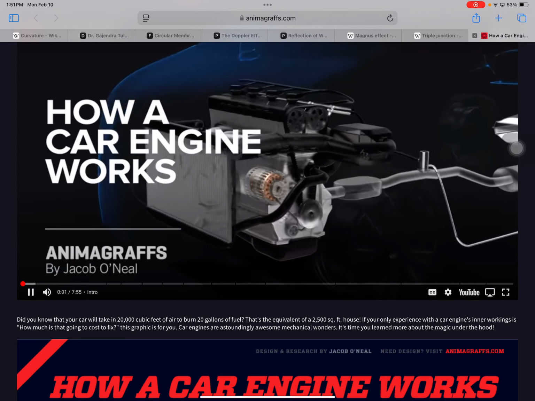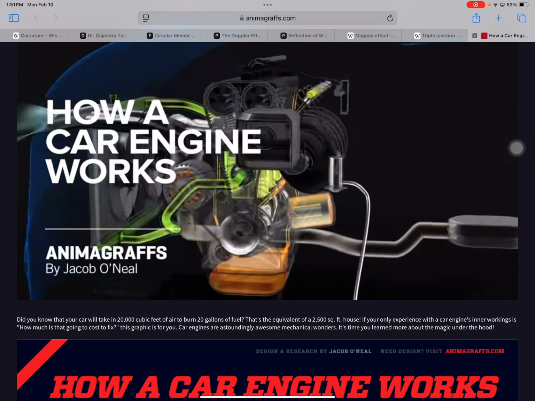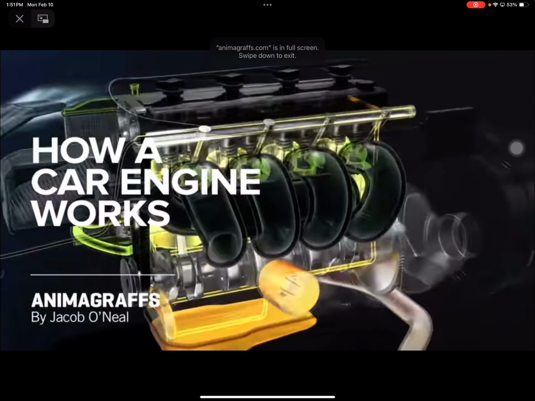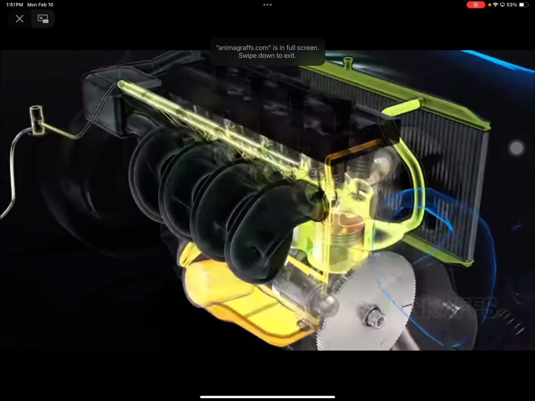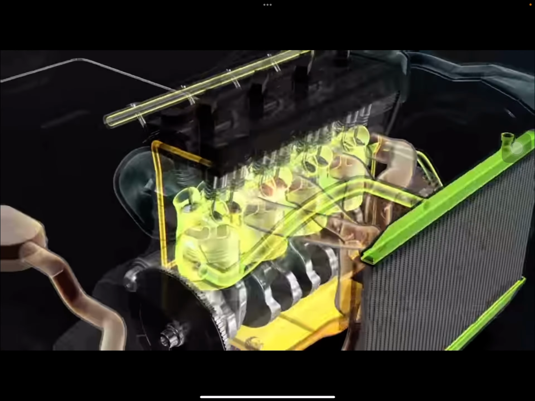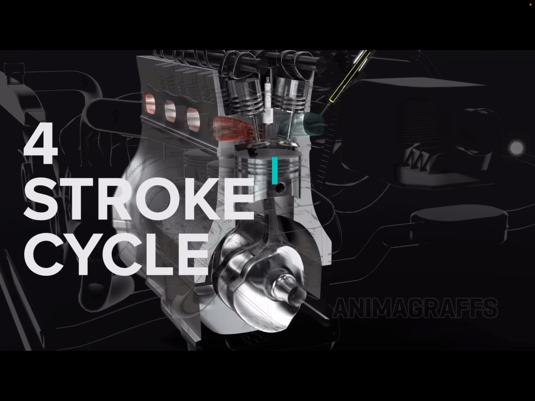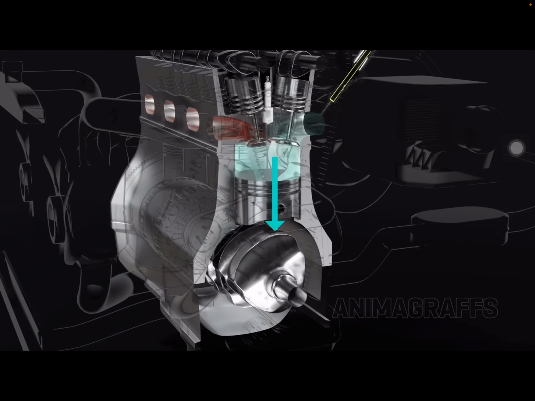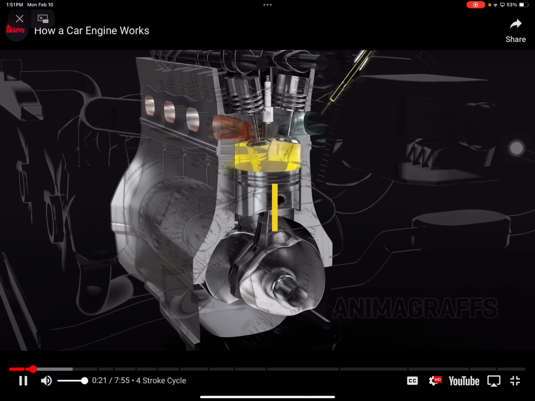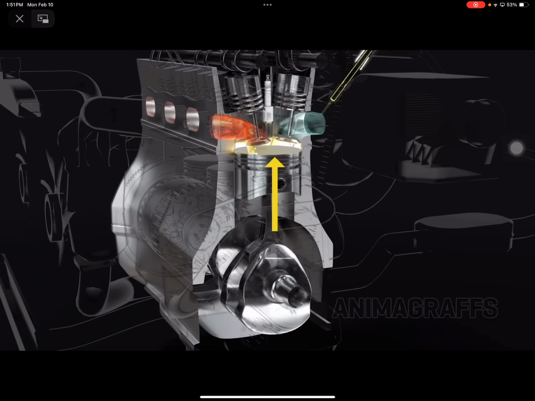I'm Jake O'Neill, creator of Animagraphs, and this is how a car engine works. Let's start with a single piston, the powerhouse of the engine, and work our way outwards. The four-stroke cycle. When a piston travels to the end of its range, whether up or down, that's a stroke.